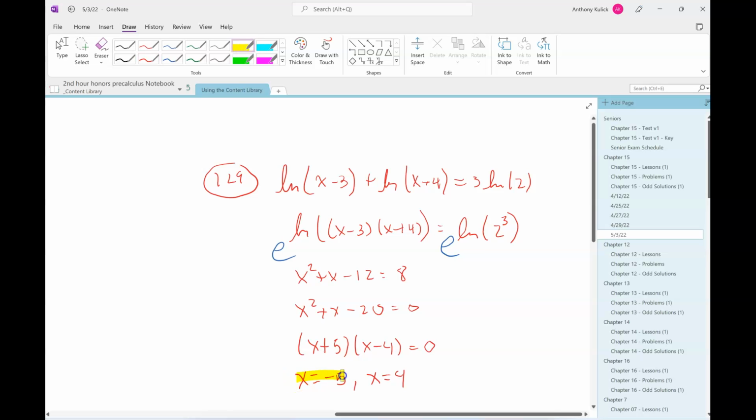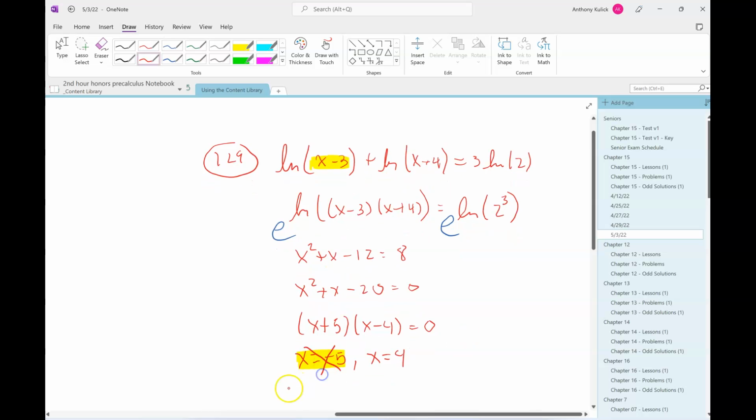So if I go and check now, if I plug negative 5 in for x, that's a negative. That one is extraneous. But if I take the x equals 4, positive, yes.